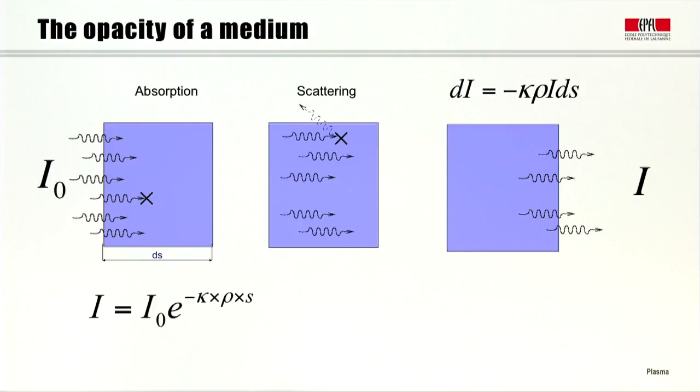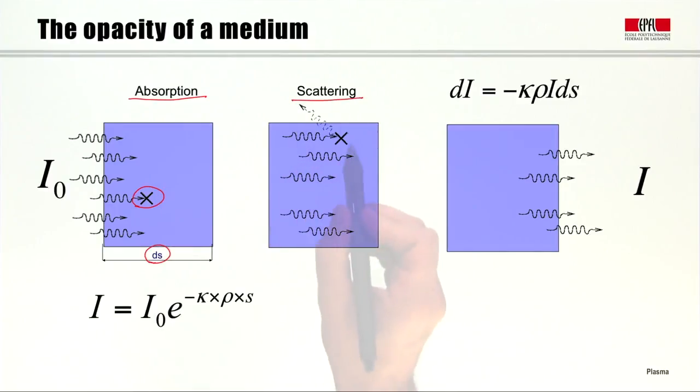When a beam of photons traverses a layer of thickness ds, it will undergo a number of phenomena. It can be, for example, absorbed by the medium, or it could be scattered by the medium.